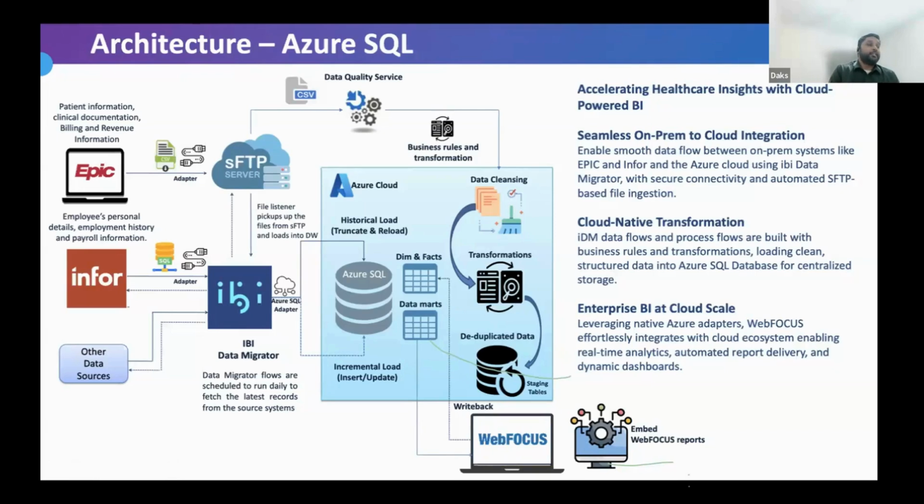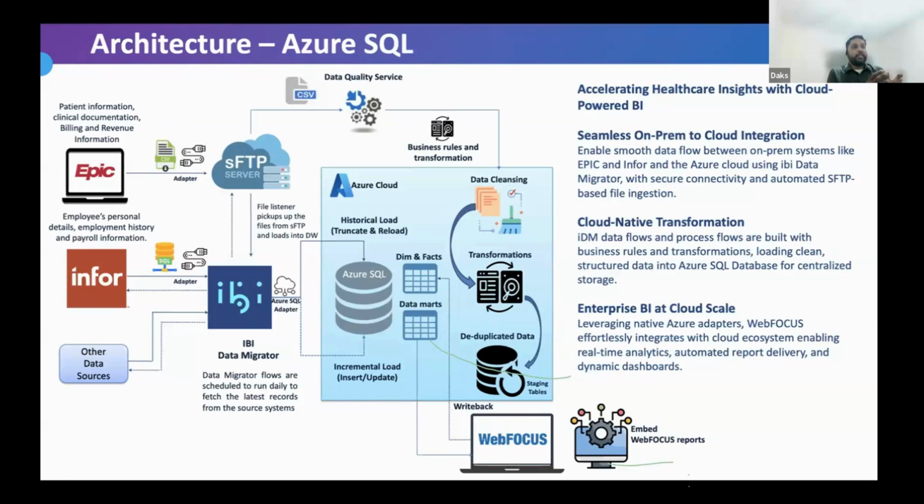As we all know, Azure SQL is a cloud native database offering from Azure. So the Azure SQL adapter and Data Migrator, and of course the same adapter, is being utilized by WebFOCUS as well. It is being designed in a way to harness the true full capabilities of the Azure SQL Server.